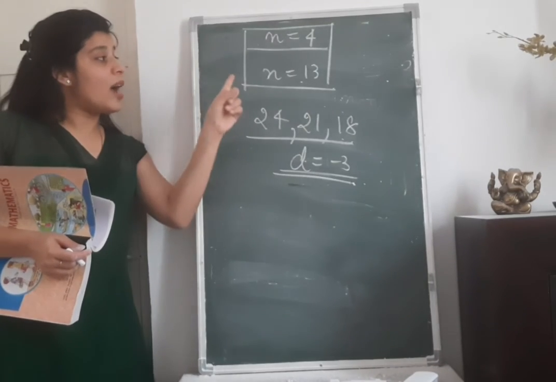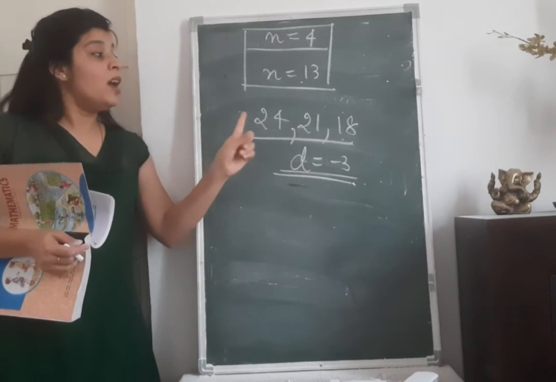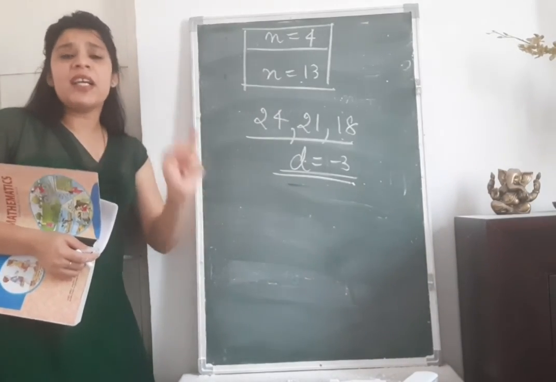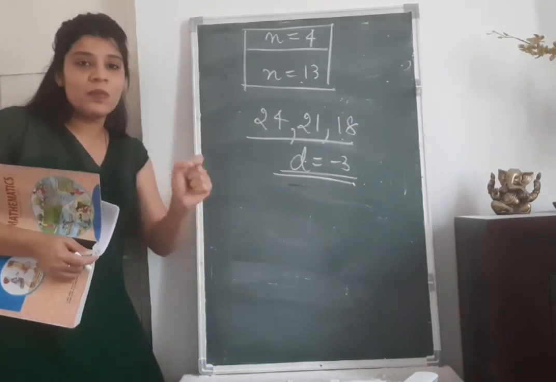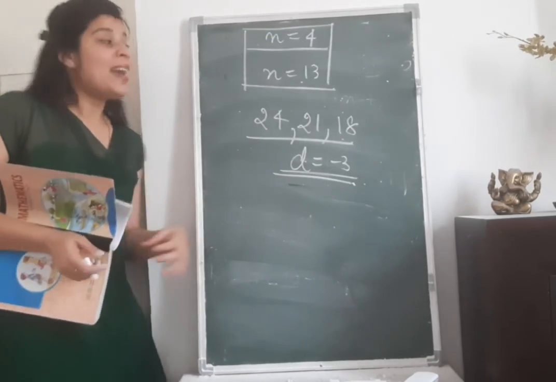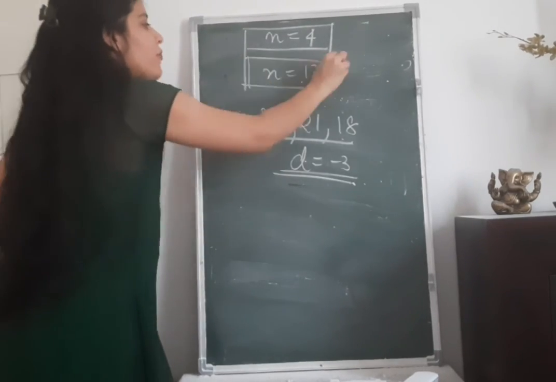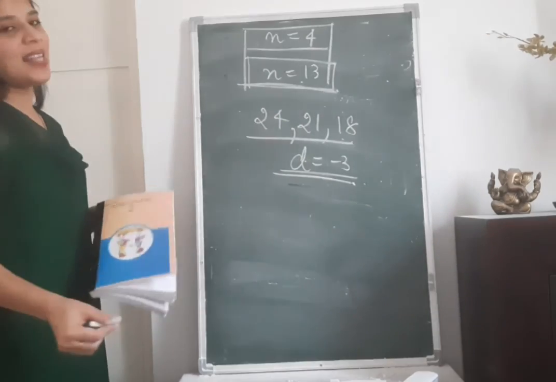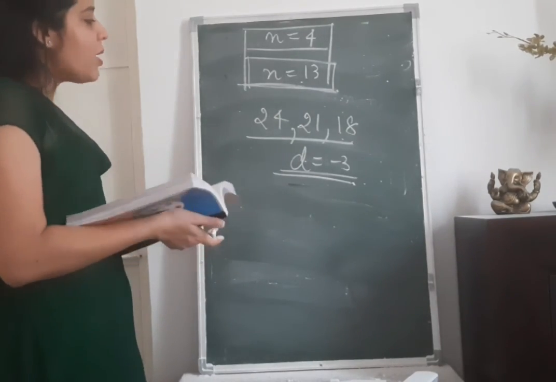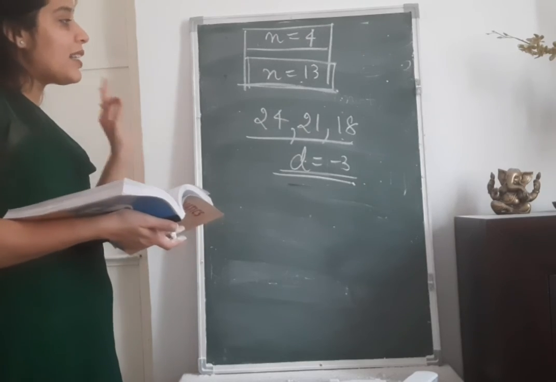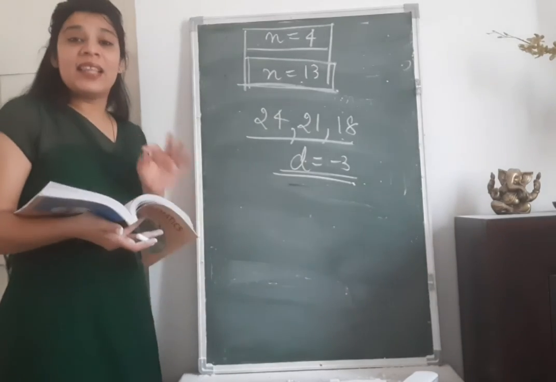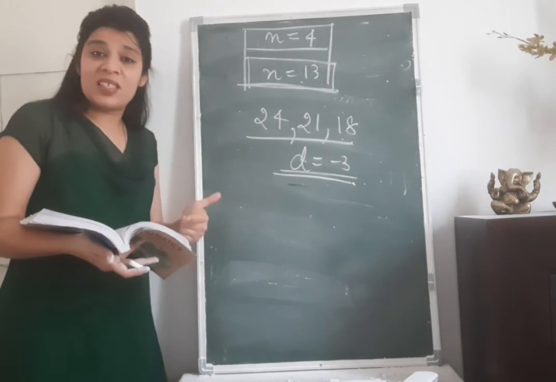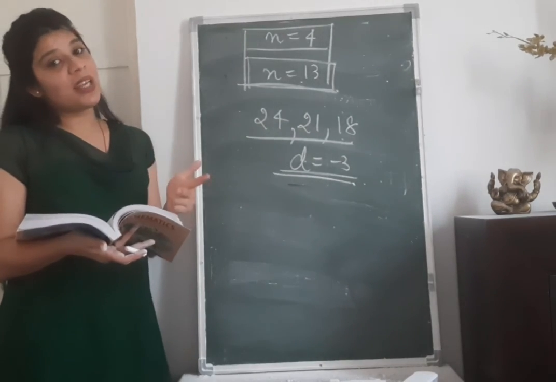But when I add the first 13 terms, then in the middle of the series, I am definitely going to have some negative terms which are going to cancel out each other, and therefore the sum of the first 13 terms is also going to be equal to what? 78. So this is a very important concept which you should understand in these kinds of questions: the sum of an arithmetic progression can be negative, positive, or 0.